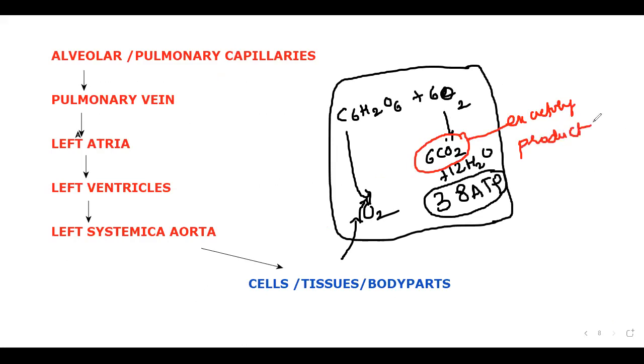Carbon dioxide. So this carbon dioxide, what we need to do with it? We need to send this carbon dioxide from where it is available, where it is formed.